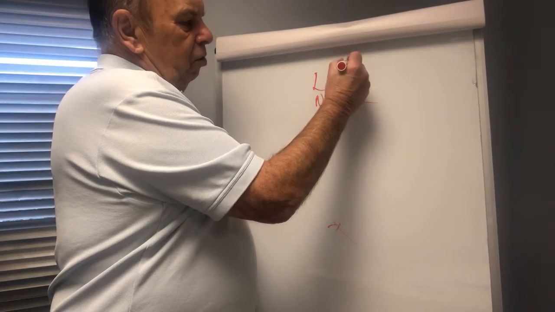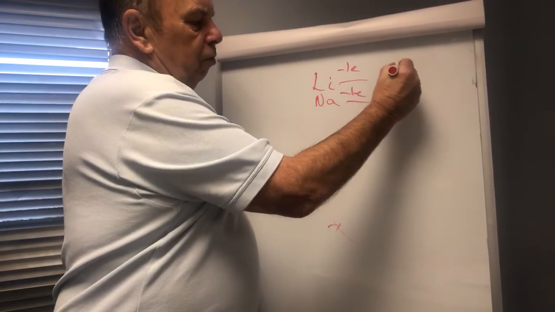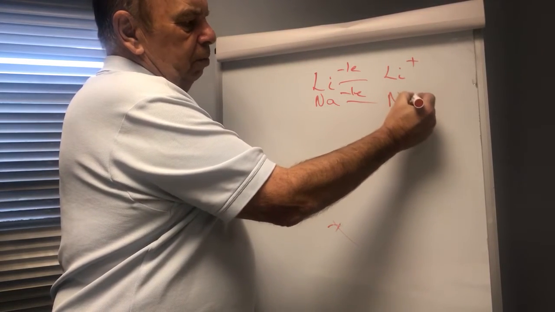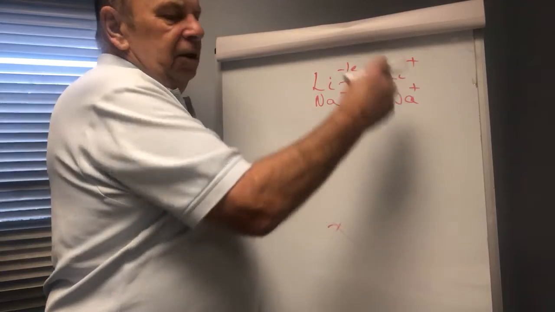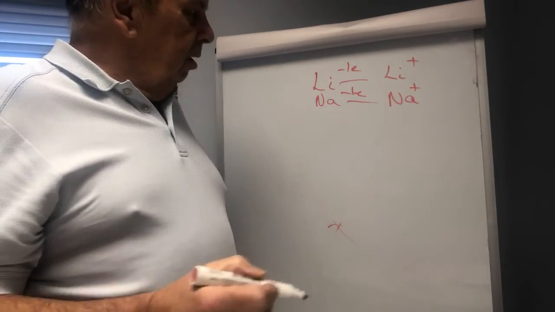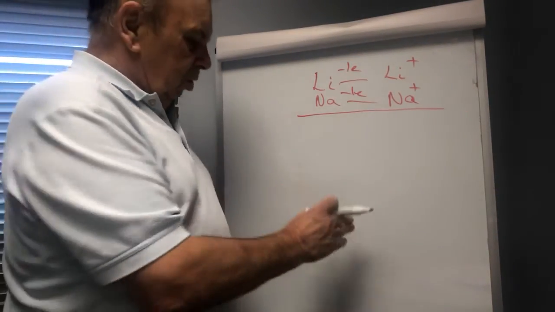If they lose electrons, -1e, -1e, they form positive ions. Sodium forms a positive ion. These positive ions are called cations.